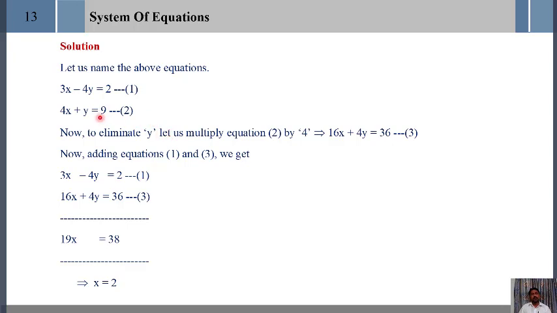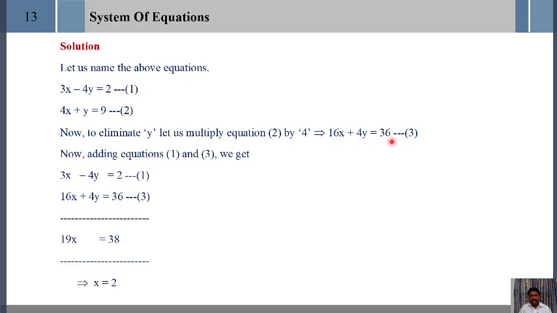Concentrate on the coefficient of the variable you need to eliminate, and multiply that value with the other equation. I want to eliminate y, so I multiply equation 2 with positive 4. Multiplying equation 2 with 4 yields 16x plus 4y equal to 36.